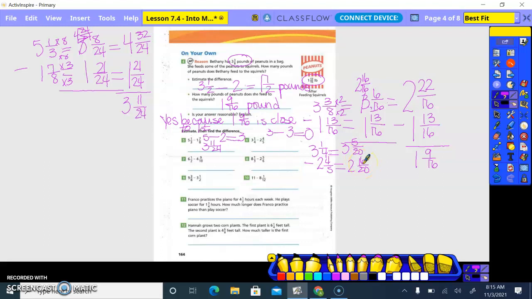Can I take 16/20ths from 5/20ths? No, so this 3 becomes 2 and 20/20ths, right? Which then becomes 2 and what? 25/20ths minus 2 and 16/20ths.